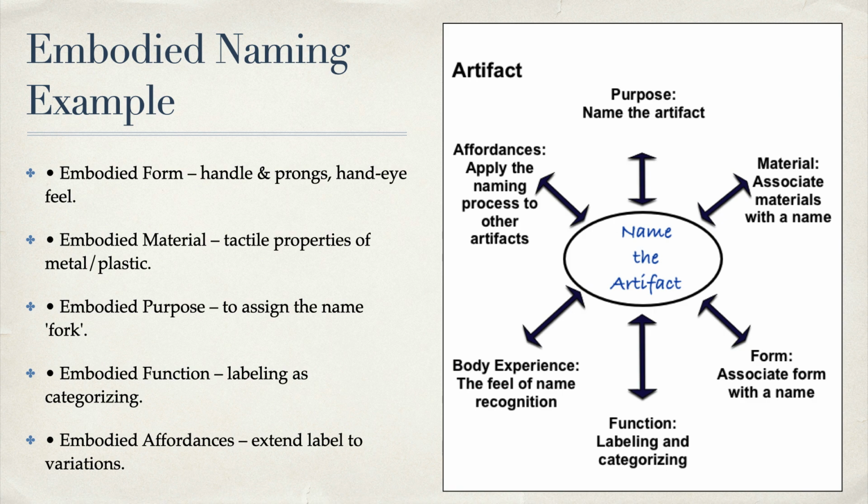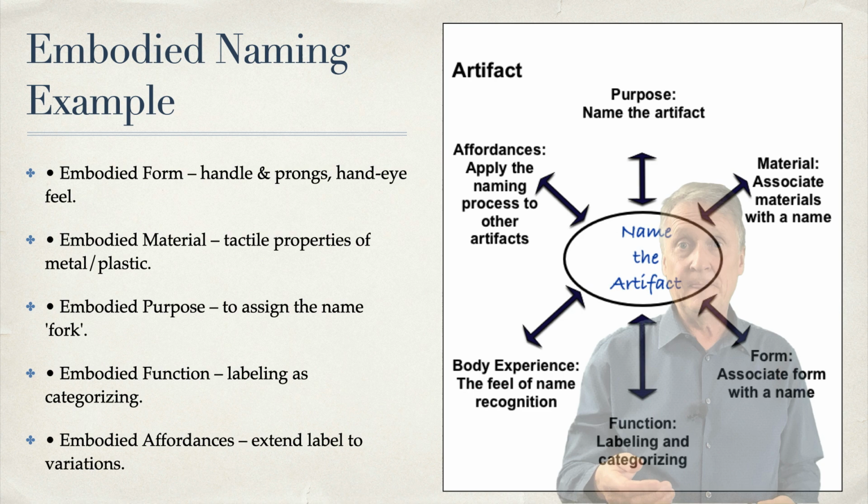And embodied affordances. Once the name fork is learned, students can extend it to other variations of fork if a similar object appears. For example, a salad fork, a plastic fork, carving fork. The name provides an affordance for generalization, but also risks limiting thinking if only the name is known.